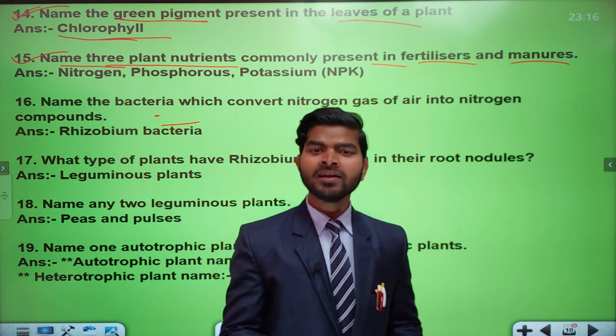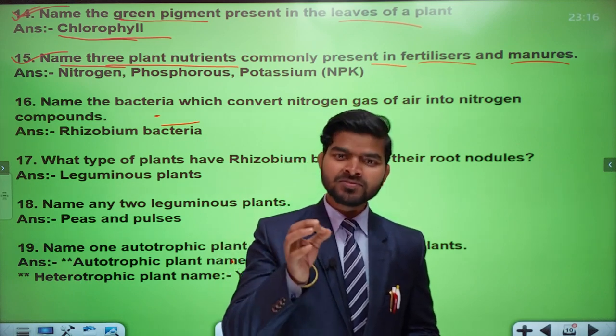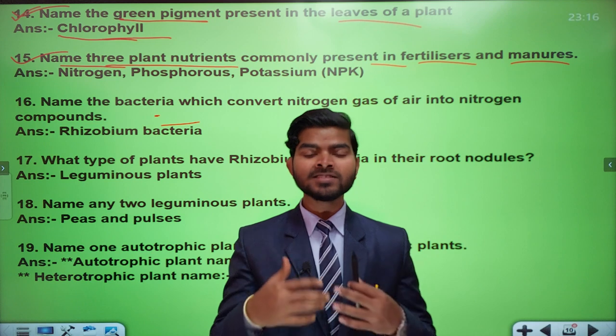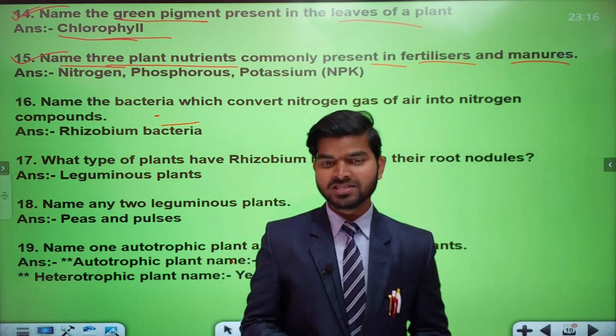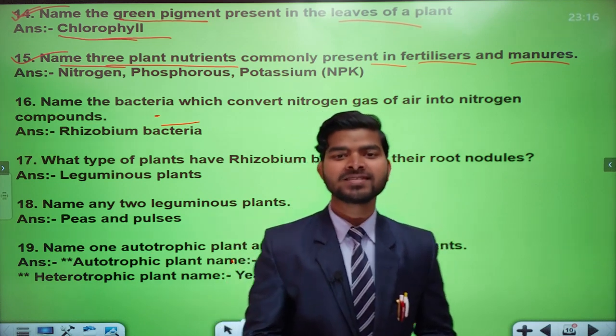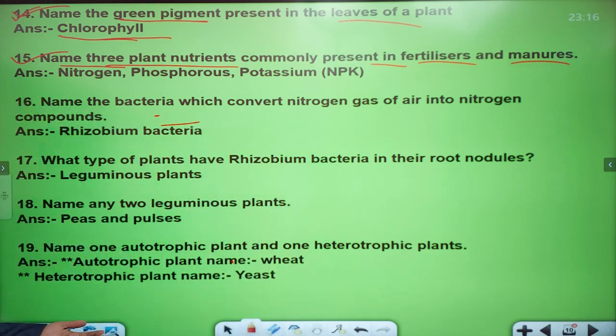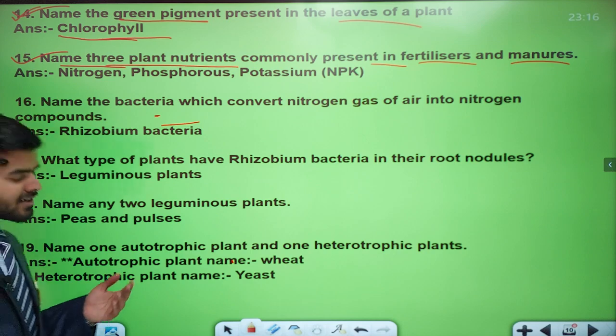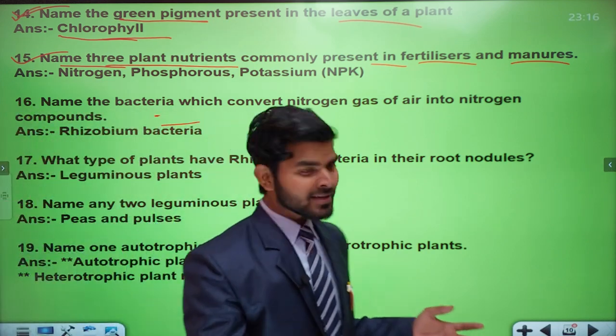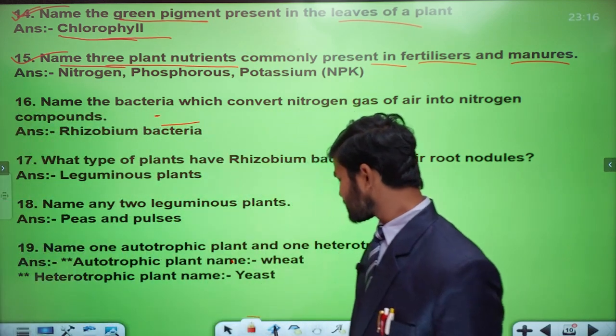So both manures as well as fertilizers have NPK. That means nitrogen, phosphorus, and potassium. All clear? If you want, you can write it first, then we will move to the next question.